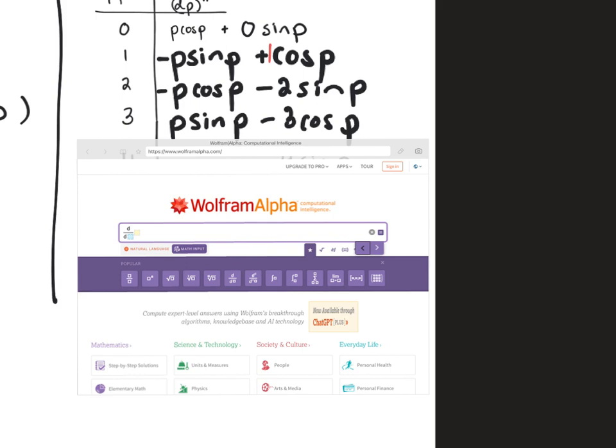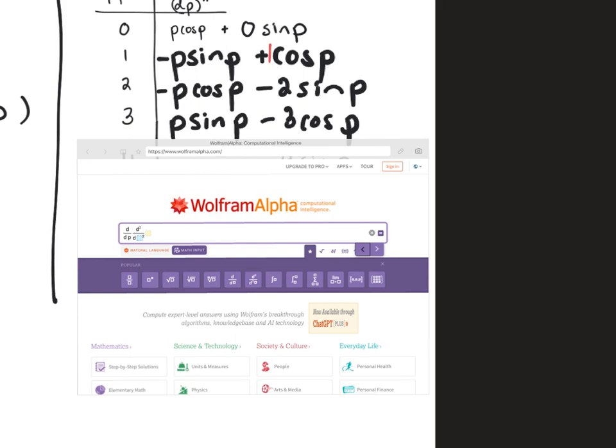Okay, so ddp of, and then I'm going to grab that command again, but instead of the first derivative command, I'm going to grab that second derivative command, which is right here. Okay, and I'm not sure if this works. I may have not given it enough parentheses, so we will see.